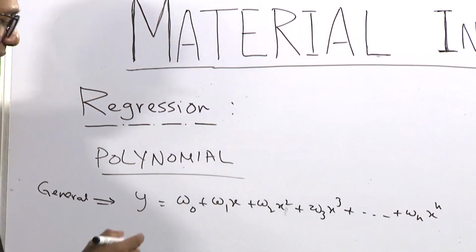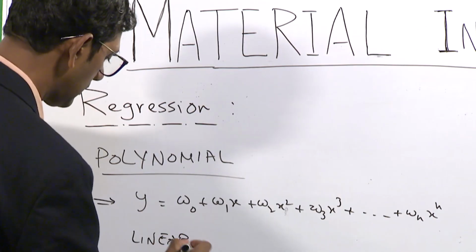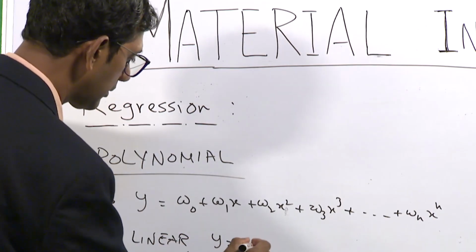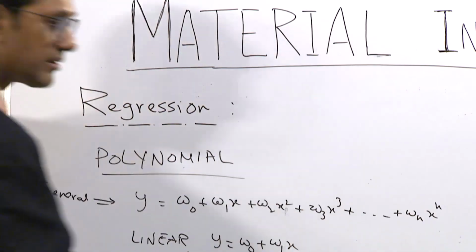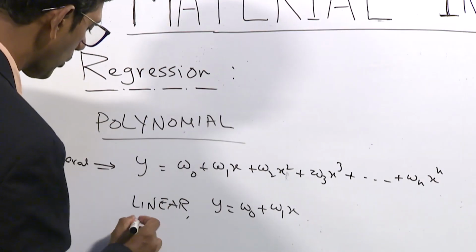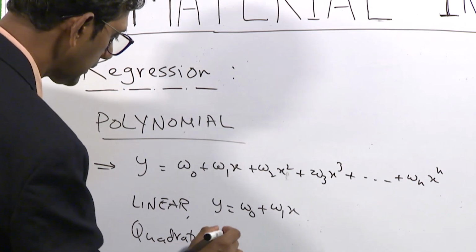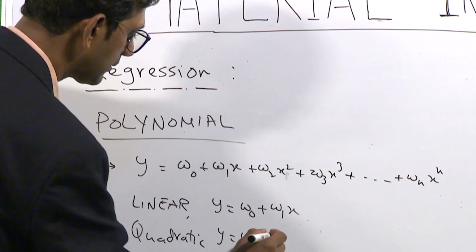So, in case of linear, this becomes like this, we truncate after first two terms. In case of quadratic, it becomes like this.